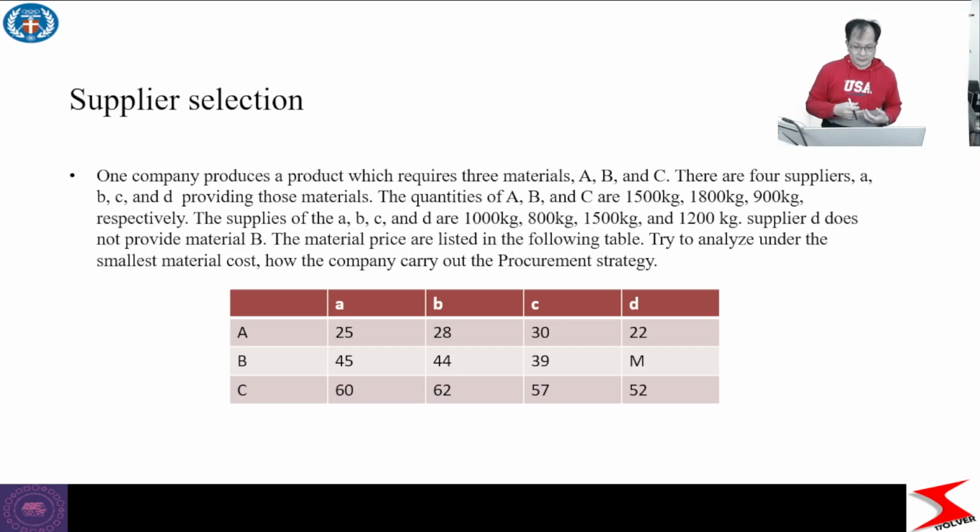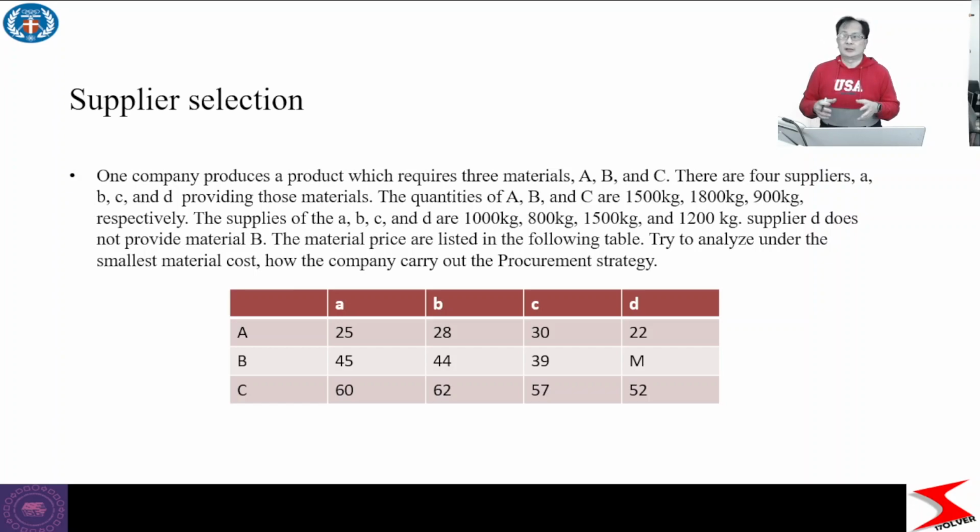The supplies of a, b, c, and d are 1,000, 800, 1,500, and 1,200 kilograms. Supplier d does not provide material B. The material prices are listed in the following table. Try to analyze, under the lowest material cost, how the company carries out the procurement strategy.